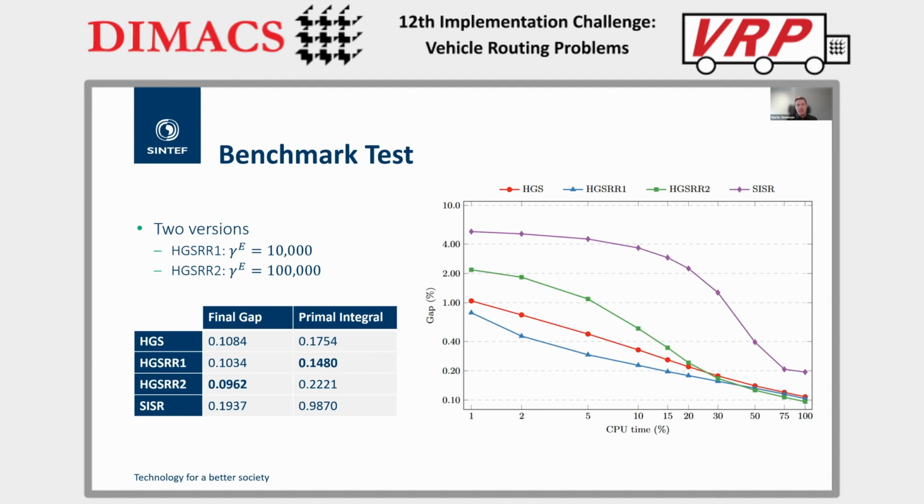But that means that the genetic algorithm starts from a better solution. And in the end, it received a better final gap to the best known solutions, but the primal integral wasn't as good. So since the DIMACS challenge evaluates the primal integral, we have used the parameter configuration of HGS RR1 in the competition.